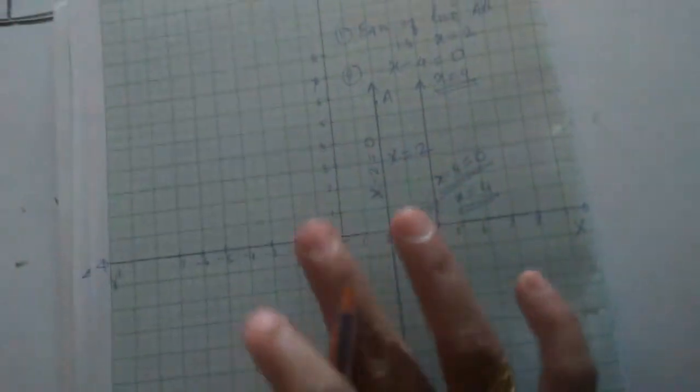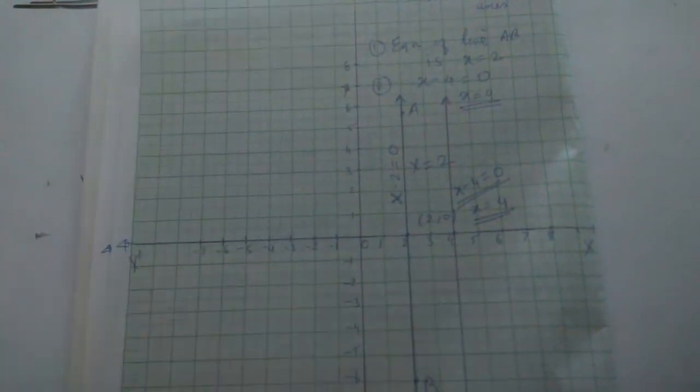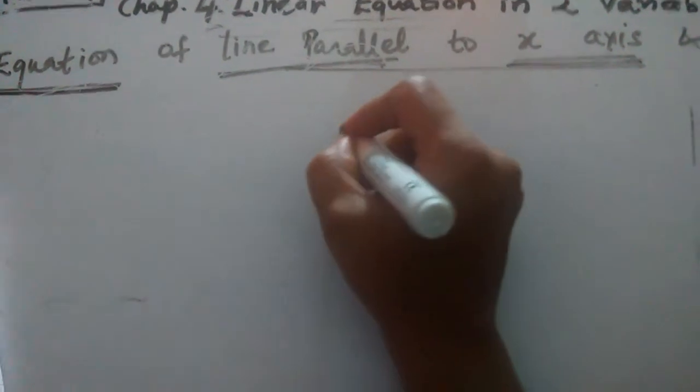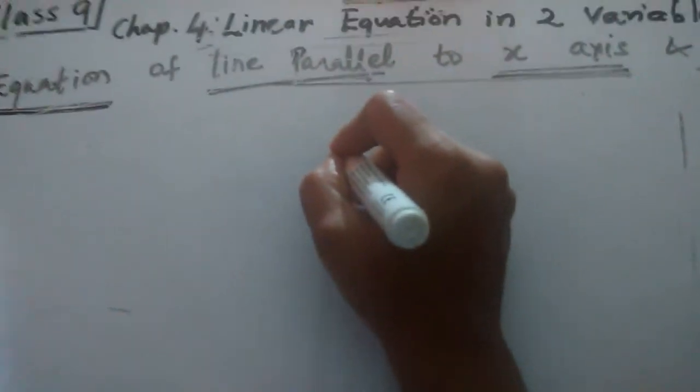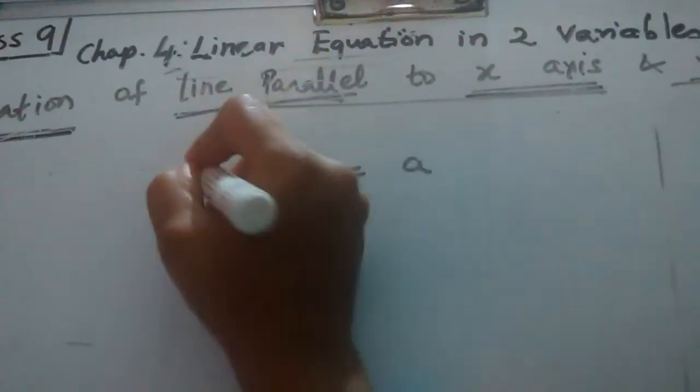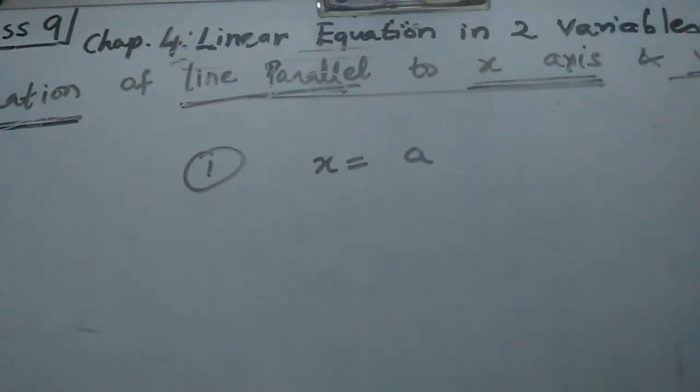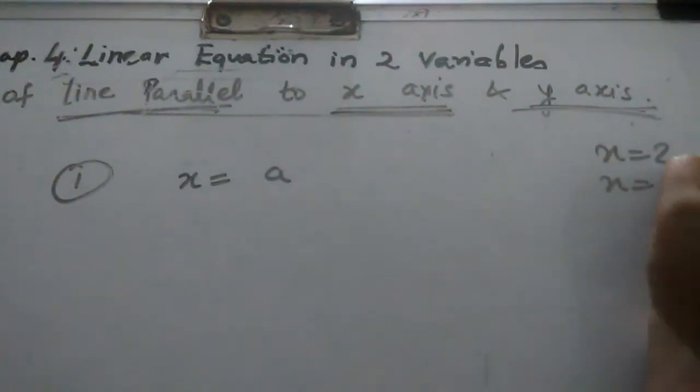Now this is done for our line which is parallel to the y axis. Now we'll see a few points. So what have we learned now? x is equal to a. If it is something like x is equal to 2 or x is equal to 4, like this.